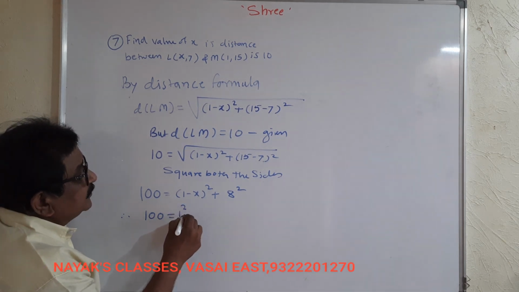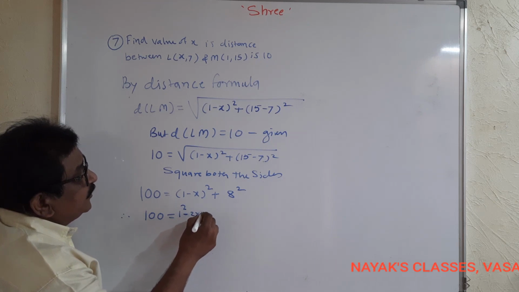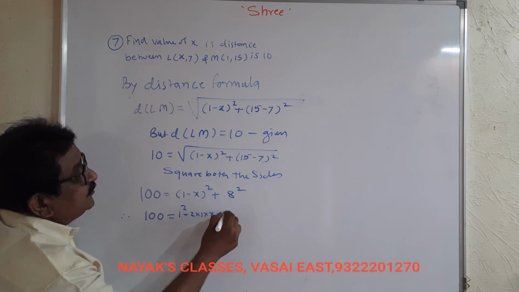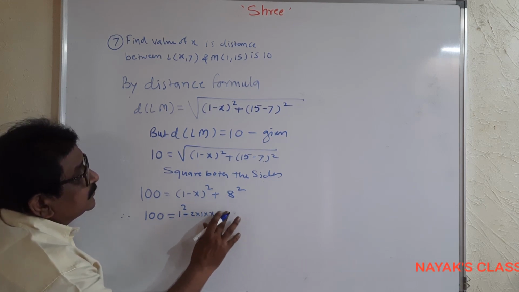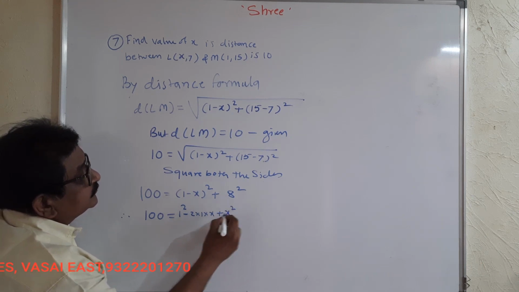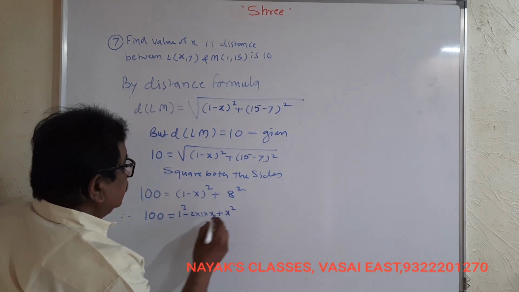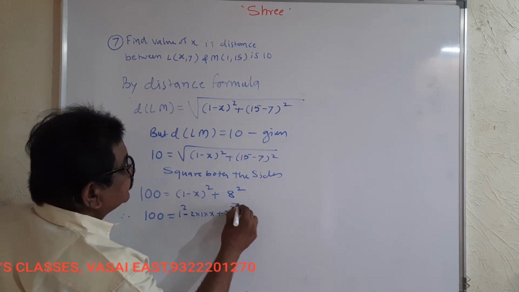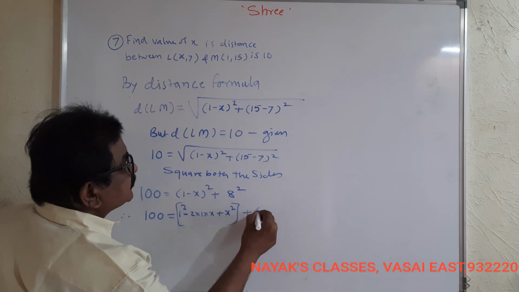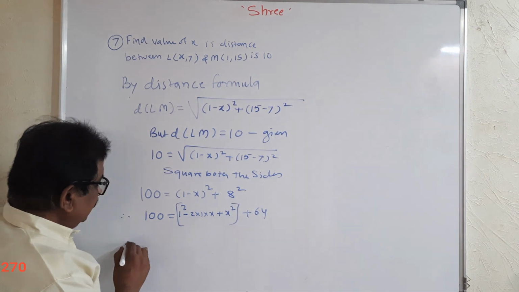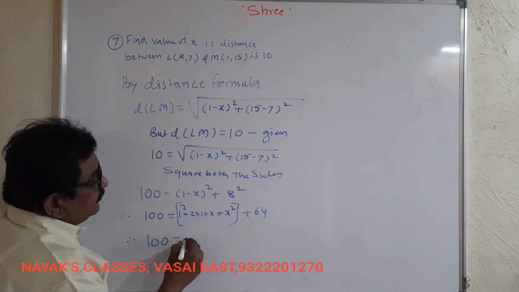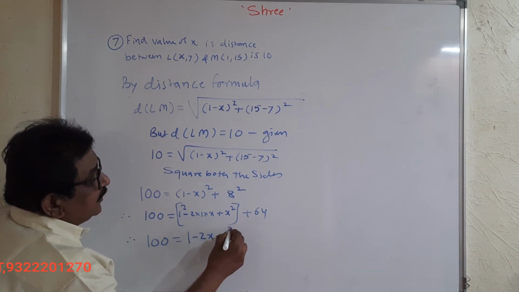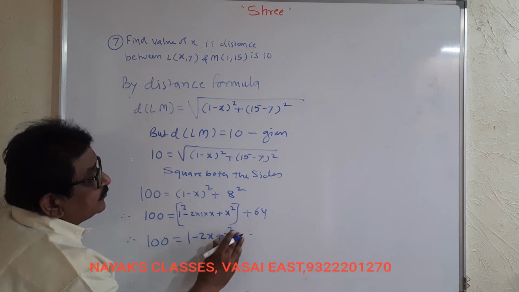So a square minus 2ab plus b square: 1 square minus 2 into 1 into x plus x square. Correct? Plus 64. Therefore, 100 is equal to 1 minus 2x plus x square plus 64.